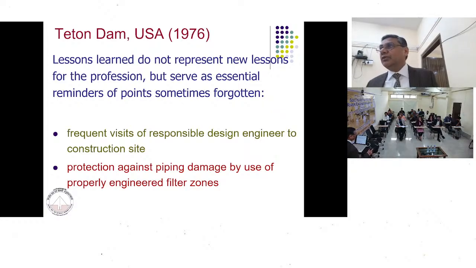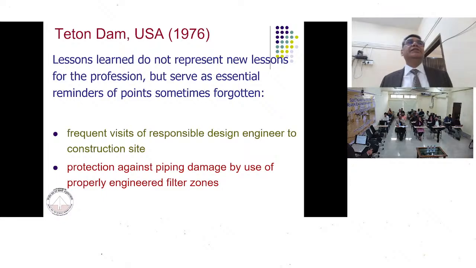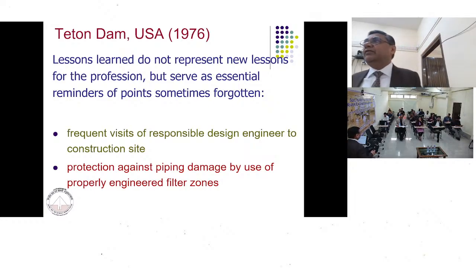Even 1 or 2 hours also failures have occurred. So, if we are going to visit once in 2 years even, then also maybe certain things may be occurring which are unnoticed by us, and when the incident has occurred, then we will be saying, oh, maybe if I had come yesterday, I would have been able to salvage this structure.